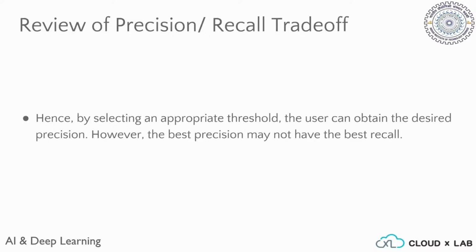So what do we ideally want? We want good precision and good recall, right? And for that we will use the F1 score, because the F1 score is maximum when both precision and recall are nearly equal, right?